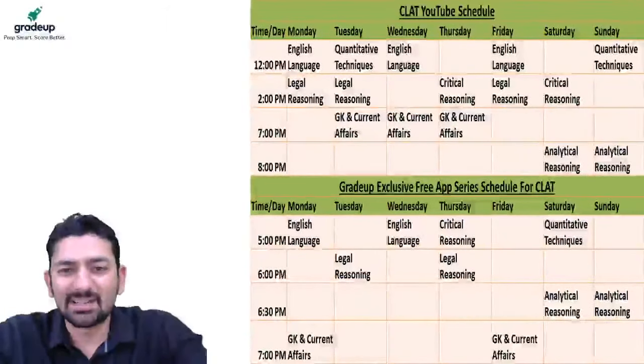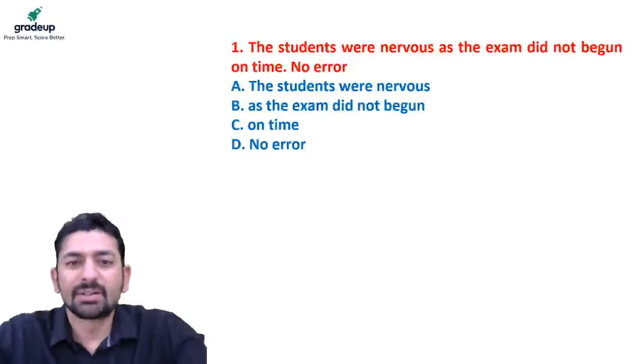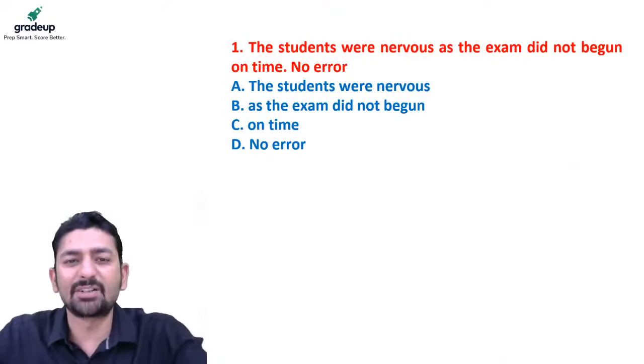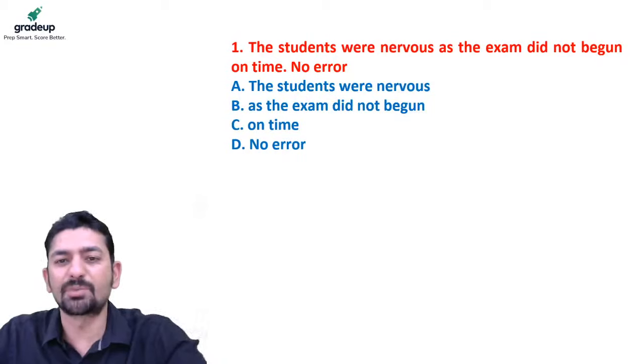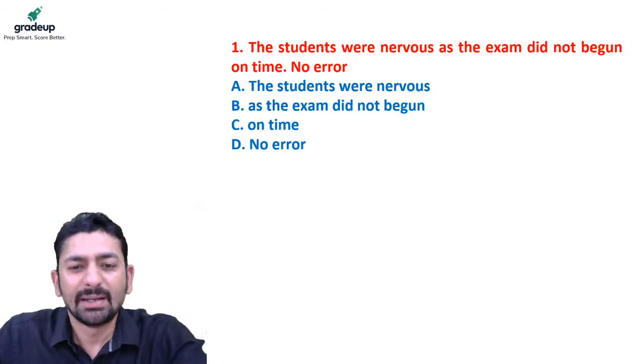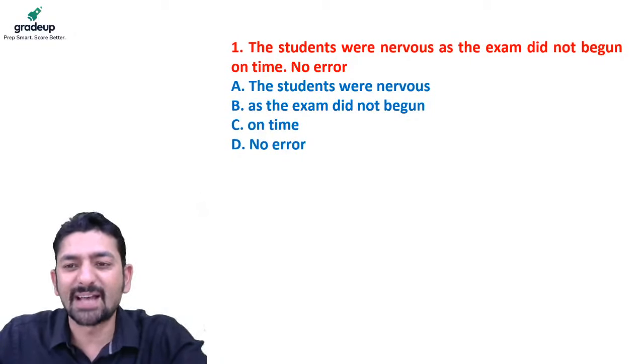We shall start the session now. This is the first question. It says the students were nervous as the exam did not begin on time. I'm sure most people would be able to answer this one. Can you tell me which part of the sentence has an error on this one?